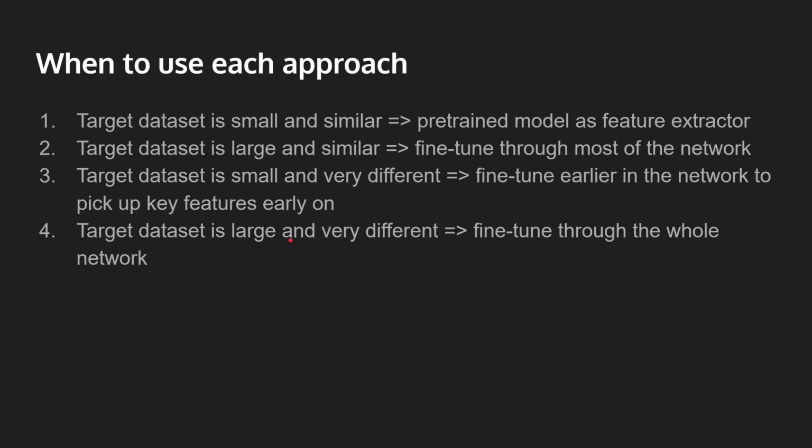And this will make our model converge faster. So here, since we have a larger data set, we can confidently fine-tune through the entire network, which means initializing our network using pre-trained weights. And that's different from scenario 3, where the data set is small, so we can't actually apply fine-tuning through the entire network, right?